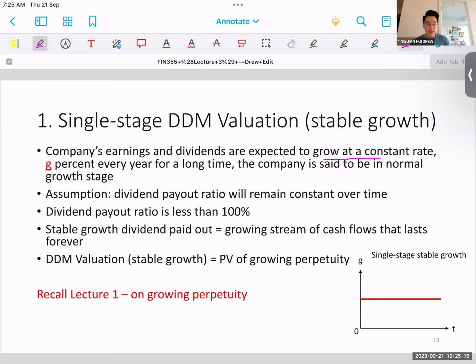And there is this important assumption that you need to assume the dividend payout ratio is constant over time. Because the company is growing at a stable rate, they need investments. They need the money to do various kinds of investments. They cannot pay out 100% in dividends, right? So because of that, they pay out less than 100% as dividends.